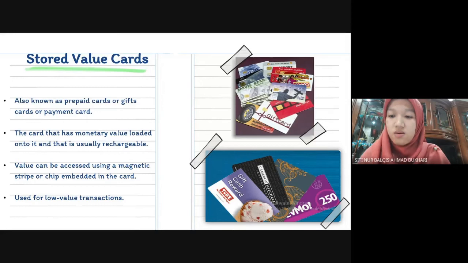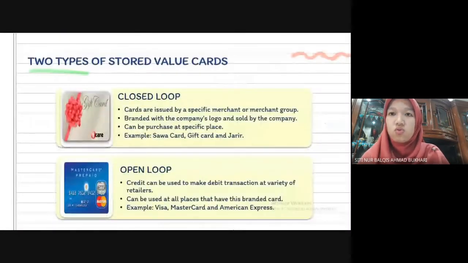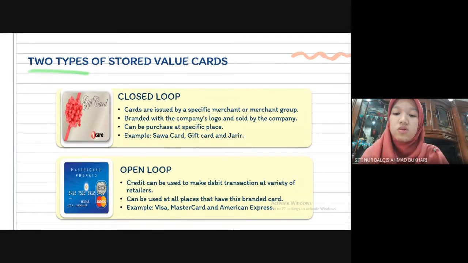Okay, contoh untuk store value card ni kita boleh guna untuk parking machine, public transport system, vending machine. Lepas tu kita boleh buat fare card, telefon prepaid calling card. Seterusnya payroll card, rebate card, gift card and cafeteria card.